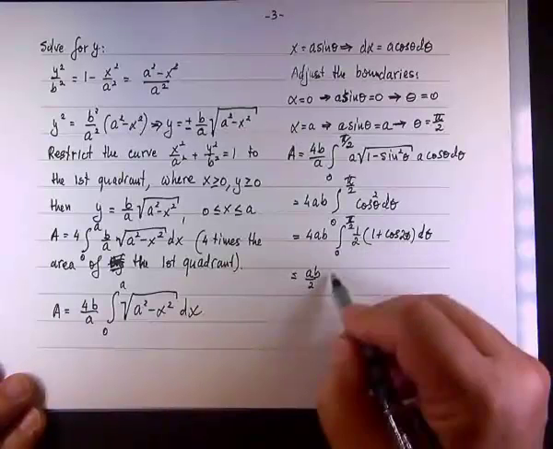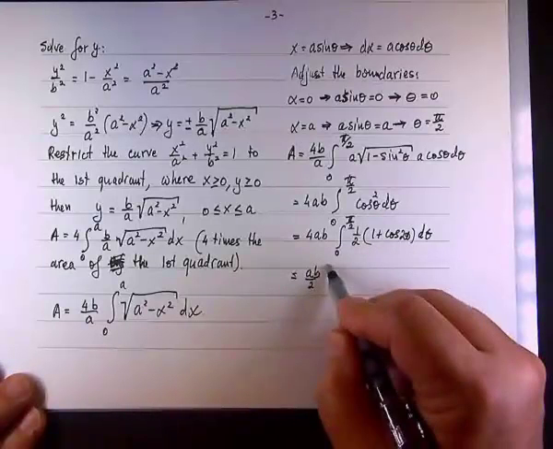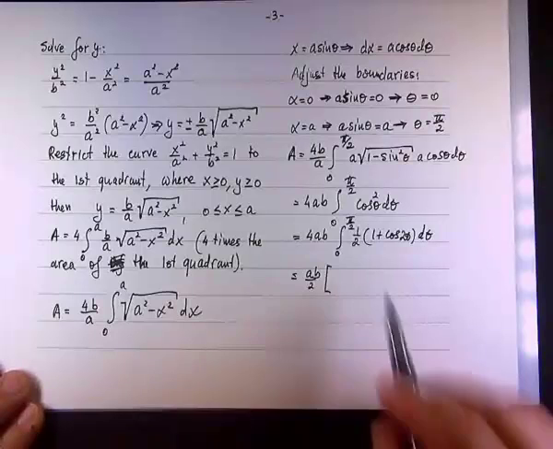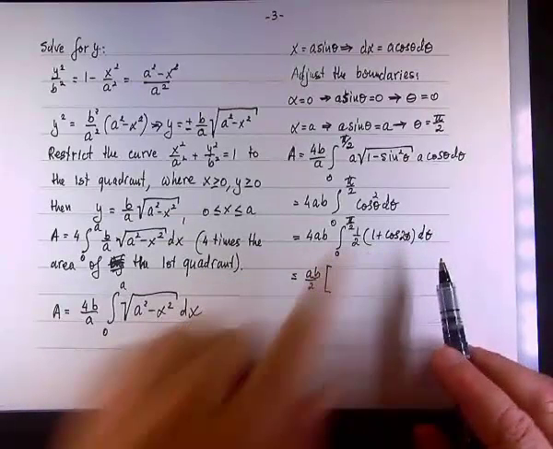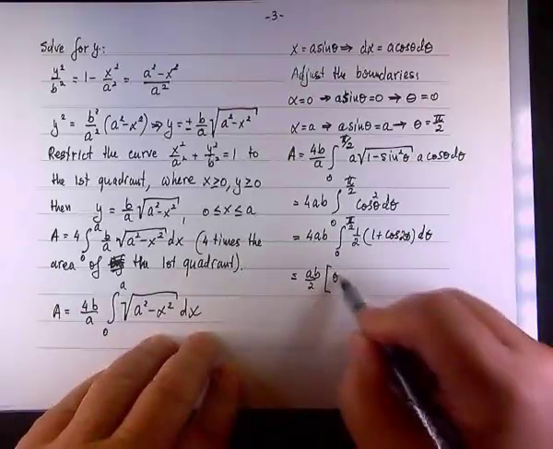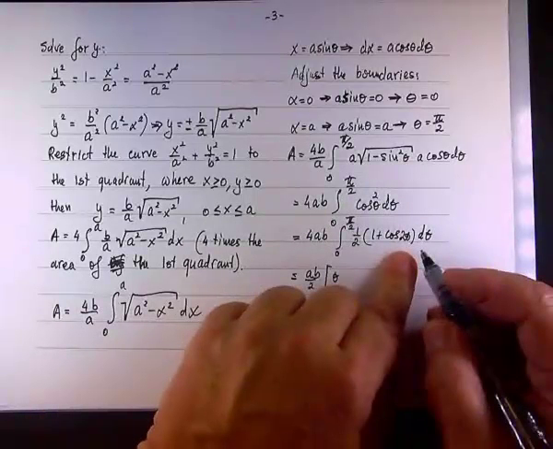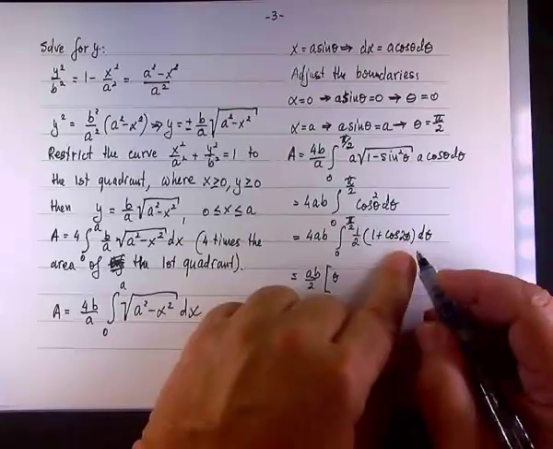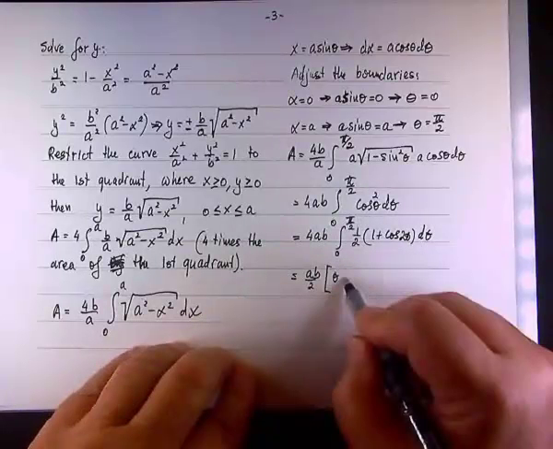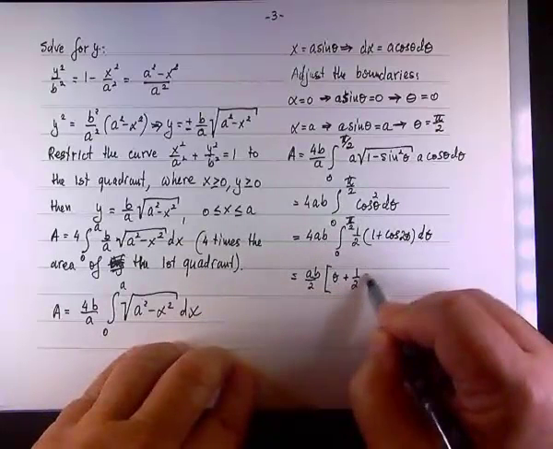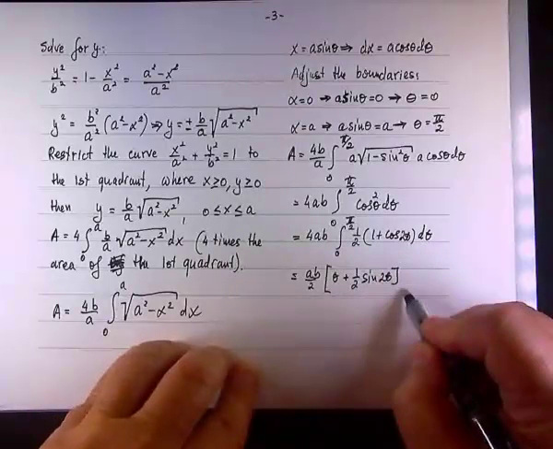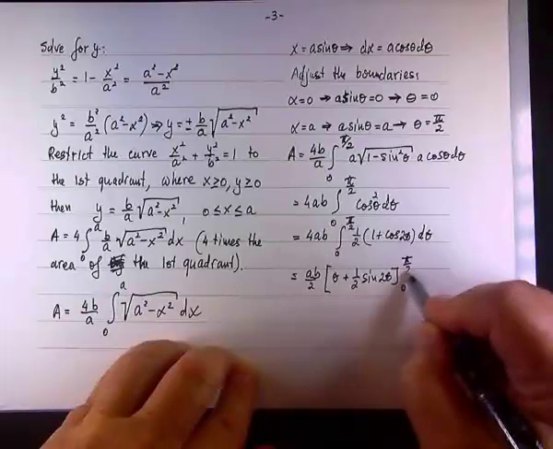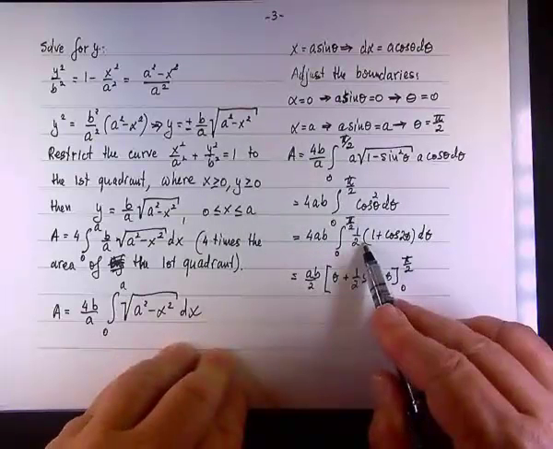So we have ab divided by 2, and we can find the antiderivative right there. The antiderivative of 1 is theta, and the antiderivative of cosine 2 theta is 1/2 sine 2 theta.